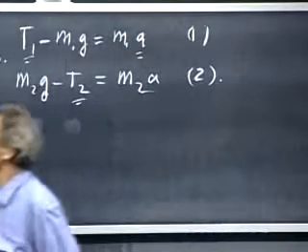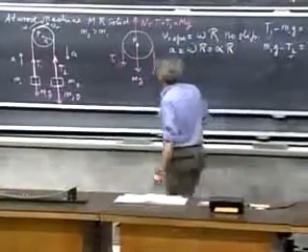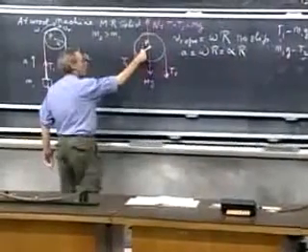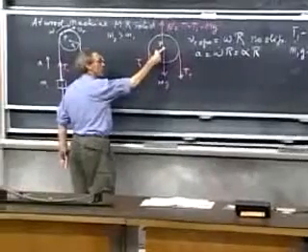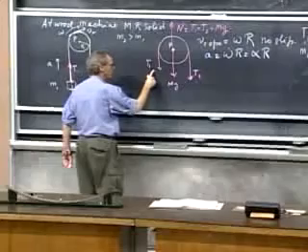I also have to think about the pulley. The net force on the pulley is 0. That's why this stays in place, but it's going to rotate, because this force, T2, is larger than this T1.